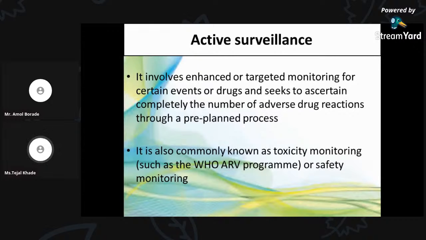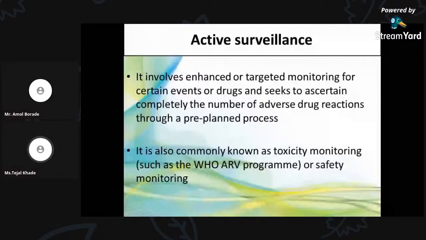Now the second one is active surveillance. Active surveillance is solicited reporting. Solicited means it is a pre-planned process. It involves enhanced or targeted monitoring of certain events or drugs.